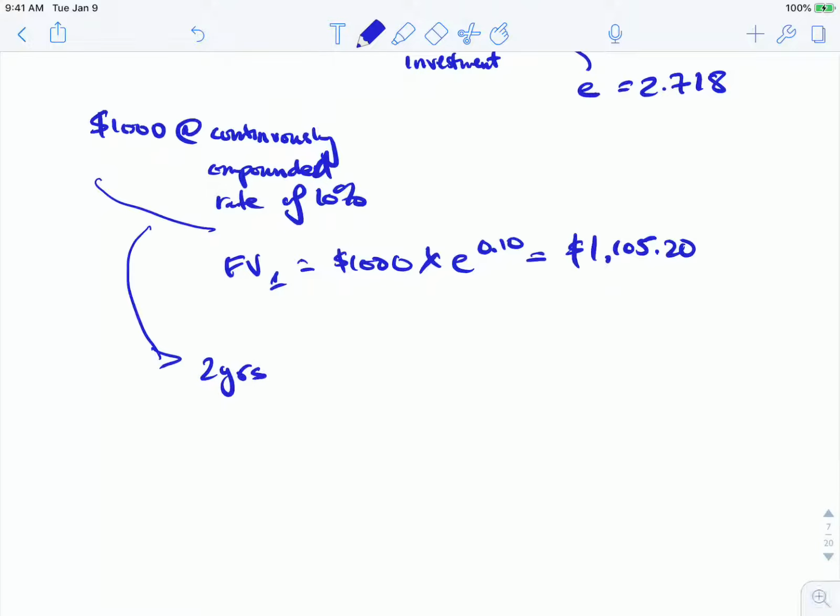So after 2 years, the value is equal to 1,000 times e to the 0.10 times 2, equal to e to the 0.20. So it's approximately equal to 1,221.40.